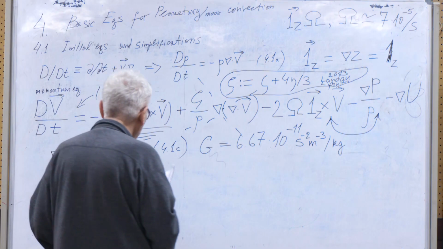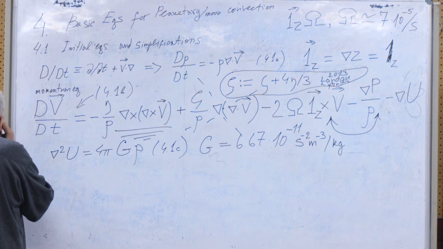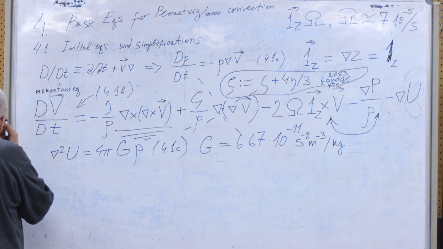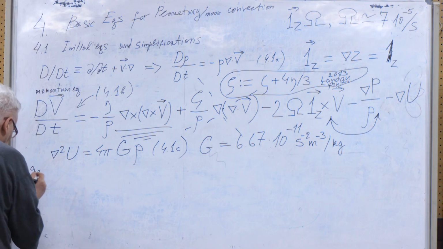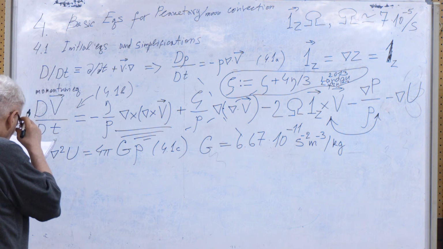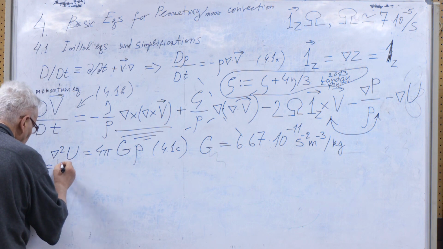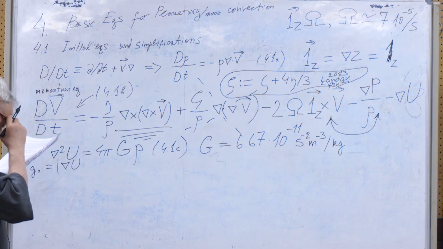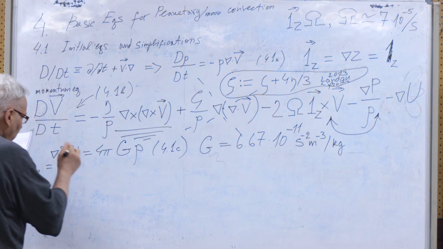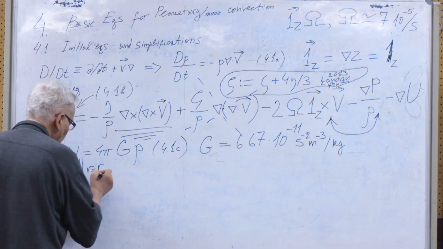Gravitational acceleration on the outer boundary, g0, is actually equal to the modulus of the full gravitational potential at R equal R0.